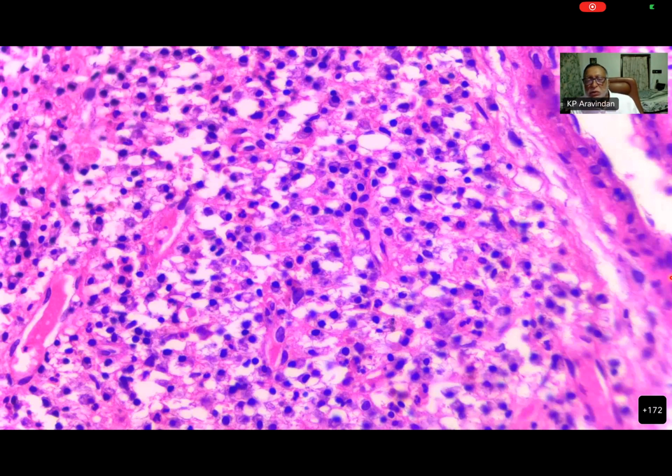Okay. So what other possibility would you think of when you find a fibrotic lesion, a lot of fibrosis, with a lot of plasma cells? Plasma cell osteomyelitis. Incidentally, the serum gamma globulins were high, but they were polyclonal.